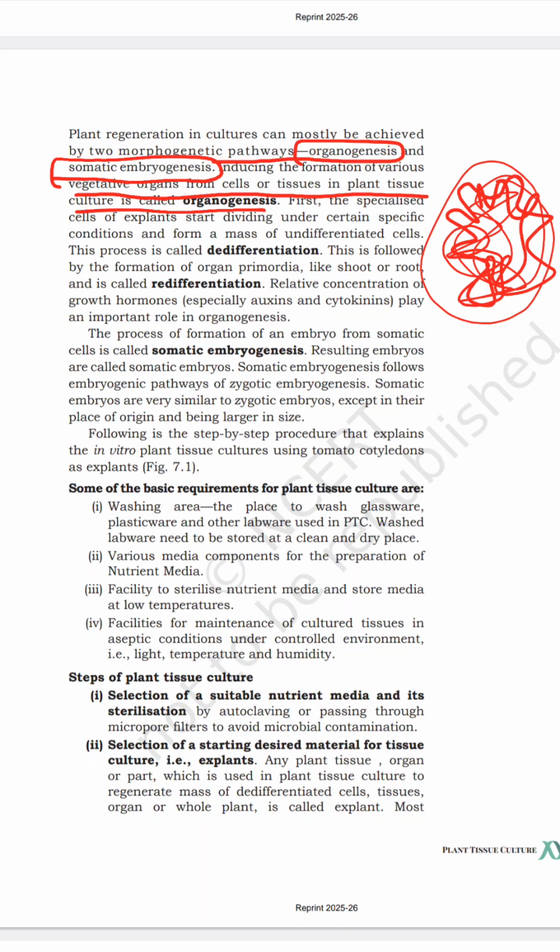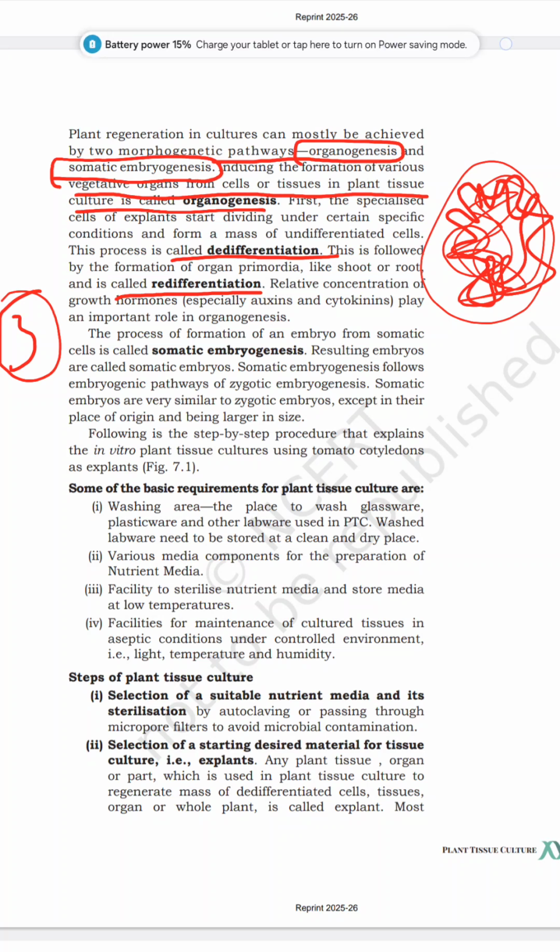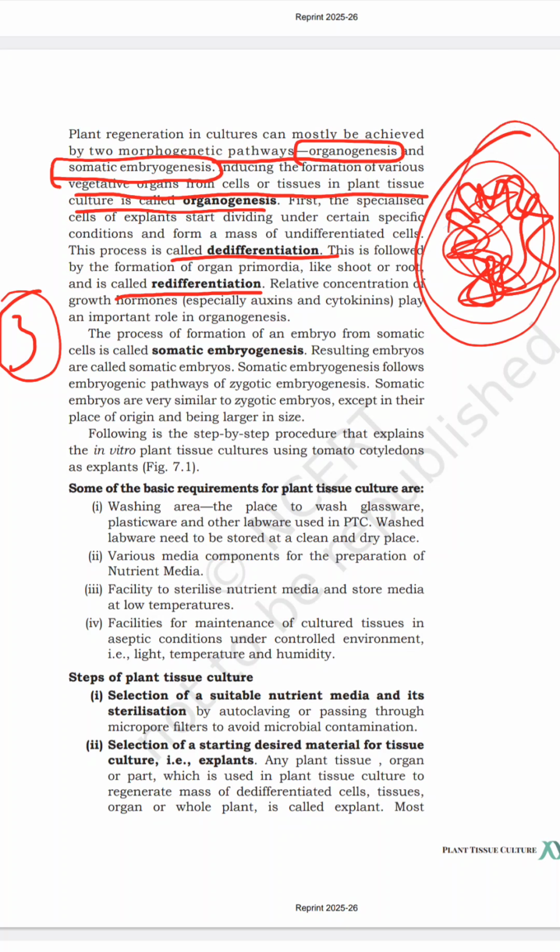Here the process goes through three steps: dedifferentiation, redifferentiation and differentiation. The cells of the explant start dividing under certain specific conditions and form an undifferentiated mass of cells, known as the dedifferentiation process.